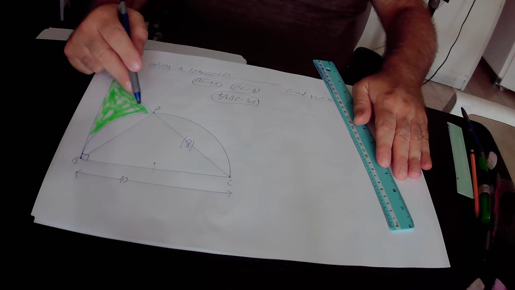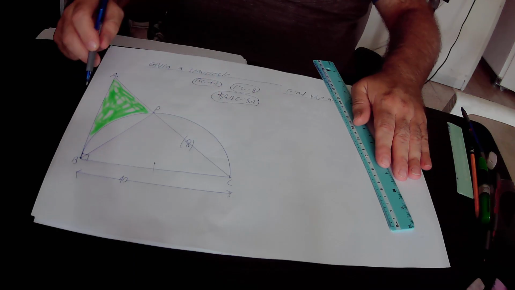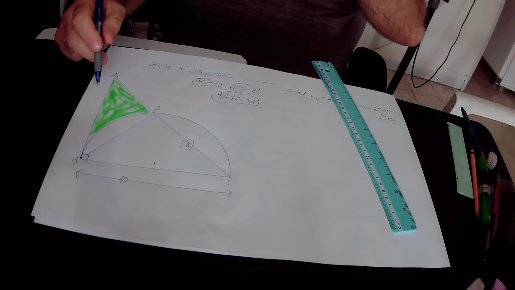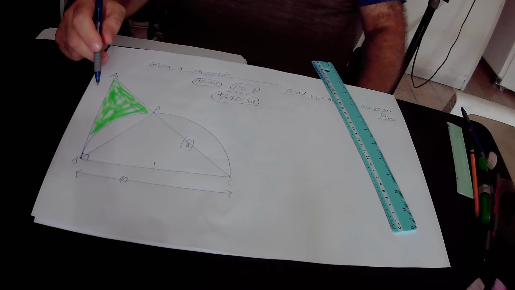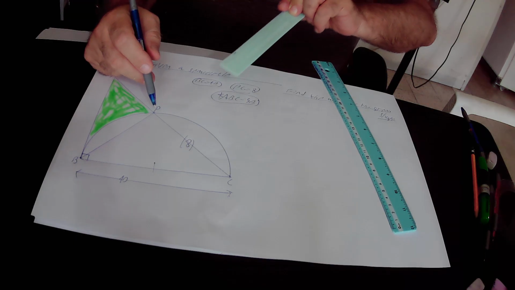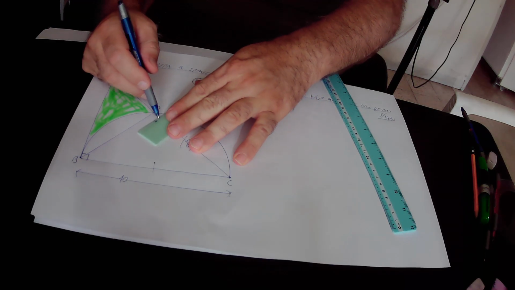Peripheral angle BPC subtends BC, the diameter of the semicircle, and according to rule 5, any peripheral angle that subtends the diameter of a circle or semicircle must be equal to 90 degrees. So peripheral angle BPC is equal to 90 degrees according to rule 5.